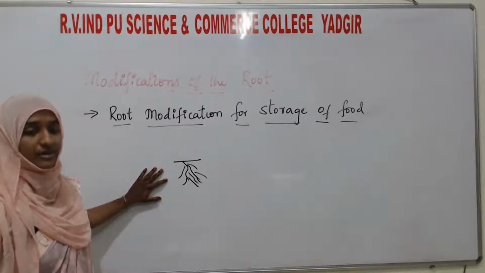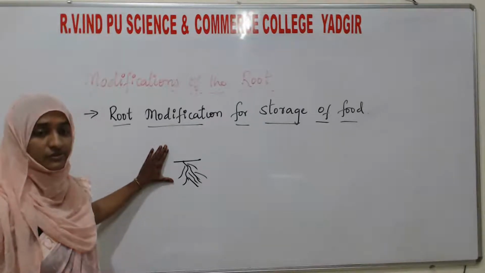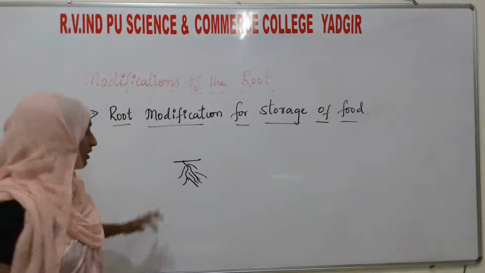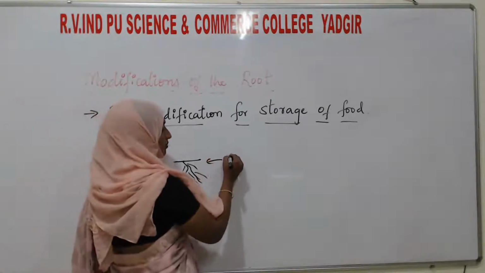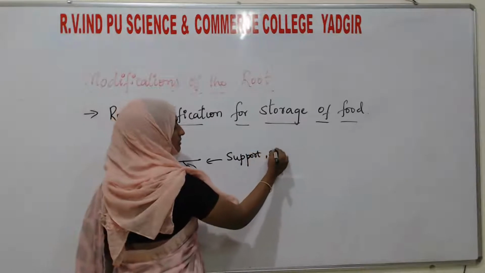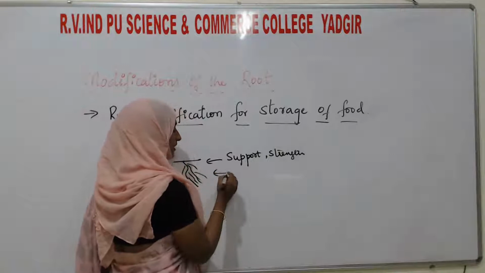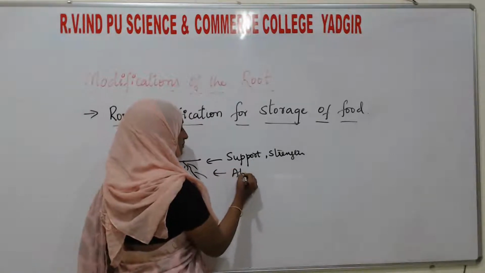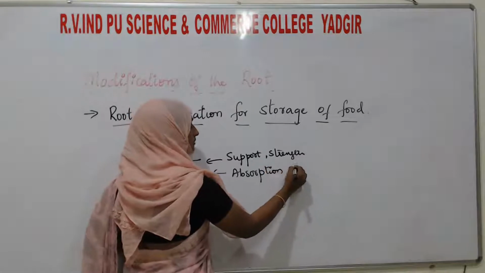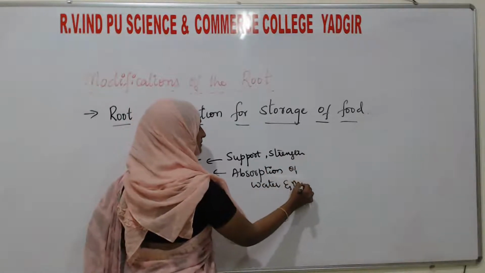Adventitious roots provide some other function, but the tap root and the fibrous root are mainly meant for providing mechanical support and strength to the plants. Then one of the main important functions is absorption of water and minerals.